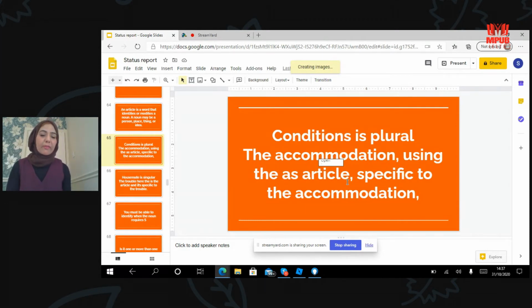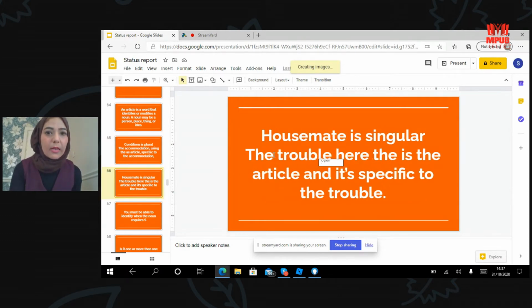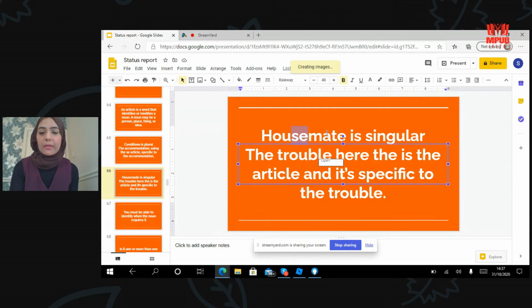But because we are referring to a specific accommodation, we've used the as the article, and the accommodation has become specific. For singular, like housemate is singular. The trouble here, the is the article and it's specific to the trouble. So if we said the trouble, we know that we are referring to the specific trouble that the housemate is causing.